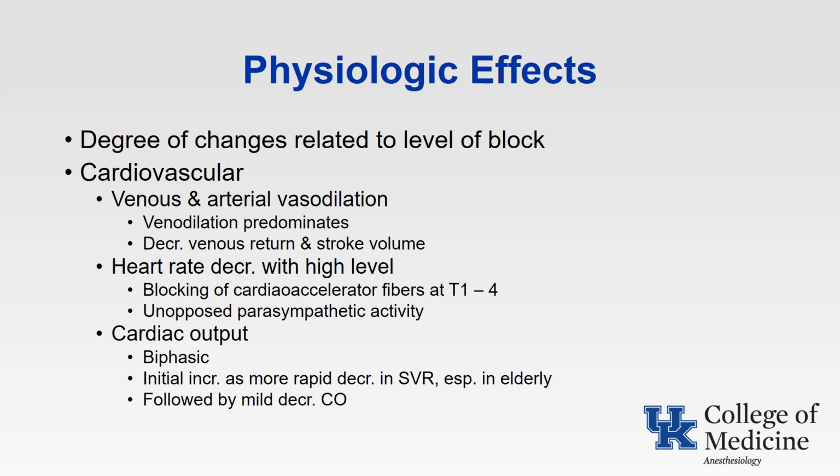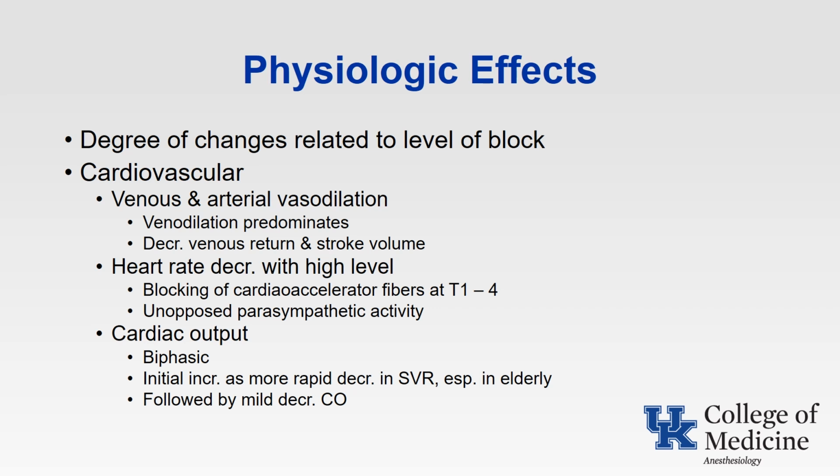So what happens cardiovascularly? When you have a neuraxial block, you will have both venous and arterial vasodilation occurring. However, it's important to understand that the venodilation predominates, leading primarily to a decrease in venous return and then ultimately a decrease in stroke volume.